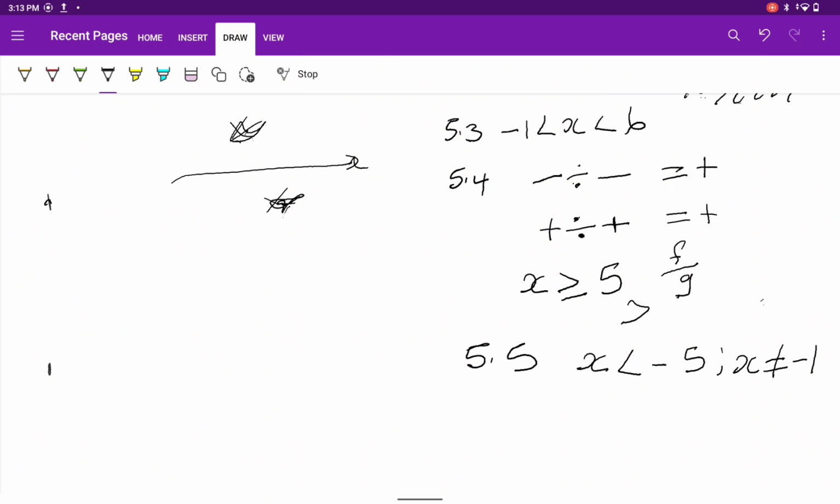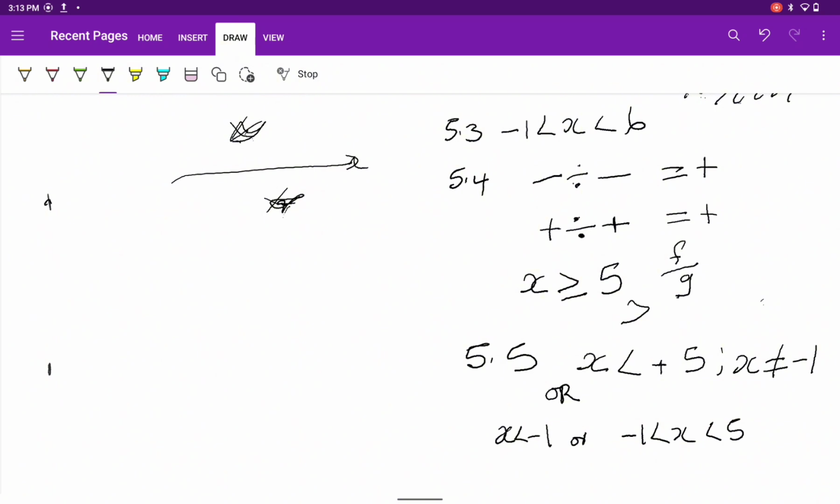Or we can write it in pieces and say, alternatively, x is less than negative 1, or x is between negative 1 and 5. Excuse me, I said x is less than 5, not negative.